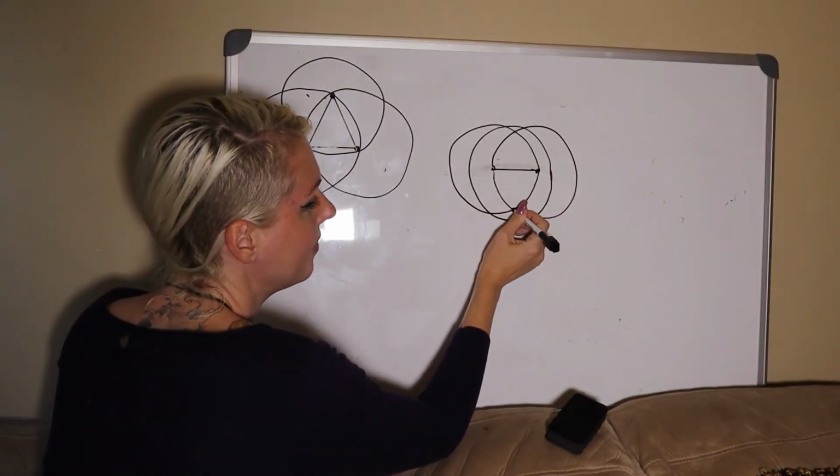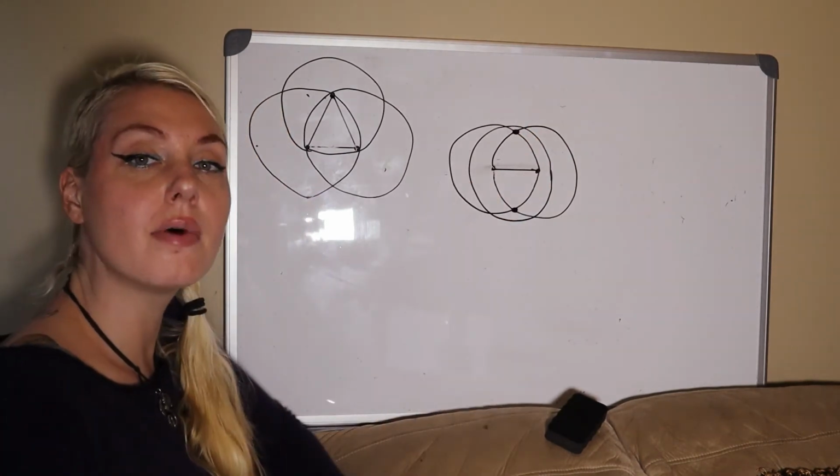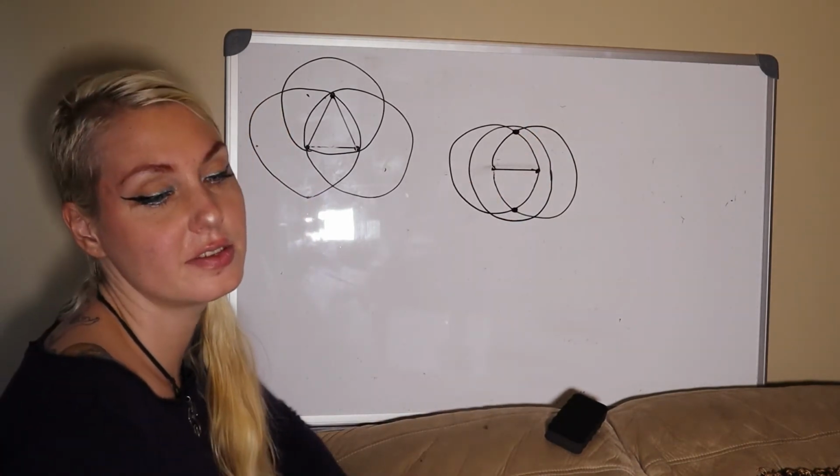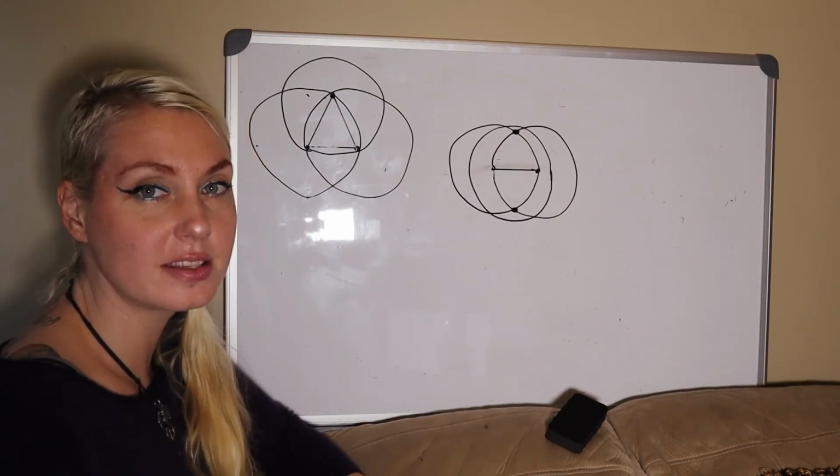So right here and right here. A 3D model of this can be seen at the end of this video. So I'm going to remove the circles now so you can see the points clearer.